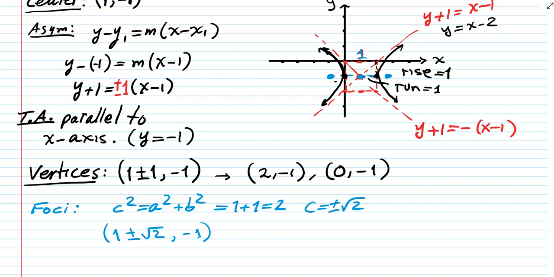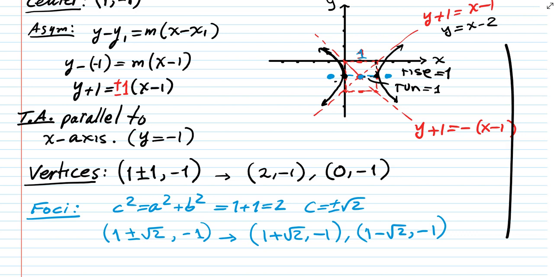Those are the coordinates, or you can write it as 1 plus root 2, -1. The other focal point is going to be 1 minus root 2 and -1. That will give you both foci, the coordinates of each of them.